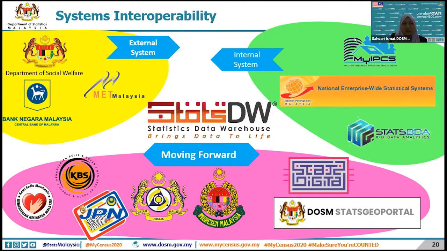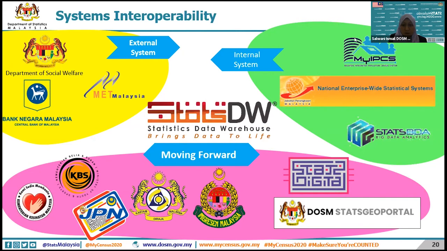Okay, so currently we are integrating the internal systems that I have mentioned earlier, the three within DOSM, and we are integrating data from the Department of Social Welfare, the Meteorology Department, and the Central Bank of Malaysia. This is hoped to be achieved within this year.